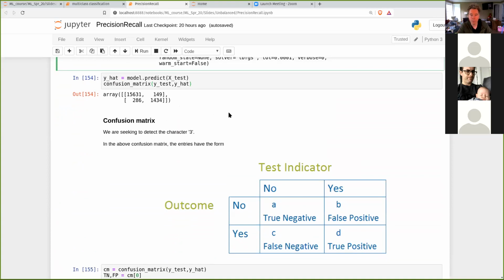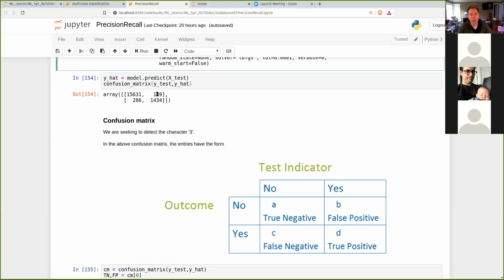Just to remind you, we talked about a confusion matrix last time, but in case you missed it: here the rows are the truth and the columns are the prediction. 0 means not a 3, and 1 means it is a 3. The 15,631 are the non-3s that are correctly reported as non-3s.